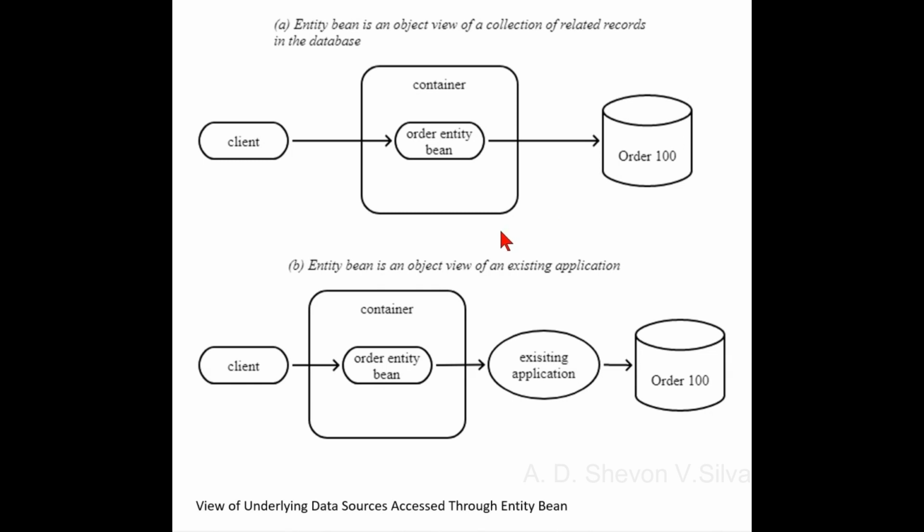The deployer uses the deployment descriptor as the input to the container provider's tools to perform this mapping. The container provider's tools are also used to generate the concrete implementation of the entity bean classes, including the code that delegates calls to the accessor methods of the entity bean class to the runtime persistent data access layer of the container.